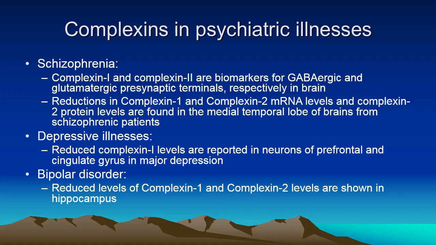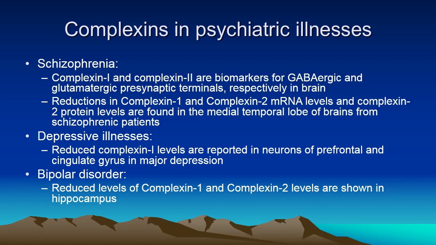In schizophrenia, complexin 1 and 2 are biomarkers for GABAergic and glutamatergic presynaptic neurons in the brain, and there is a reduction in both of these messenger RNA activities, and complexin 2 protein levels are also reduced in the temporal lobe cells of patients with schizophrenia.